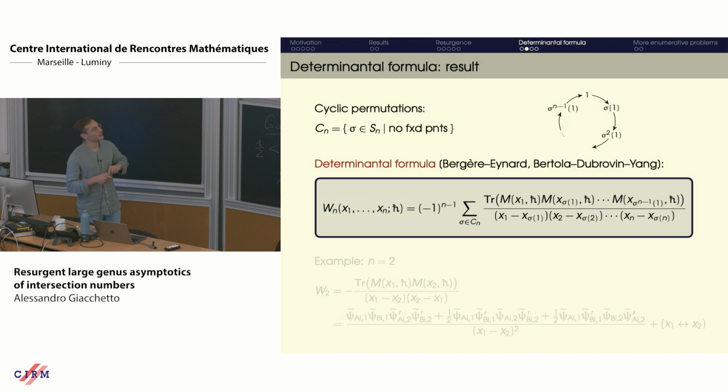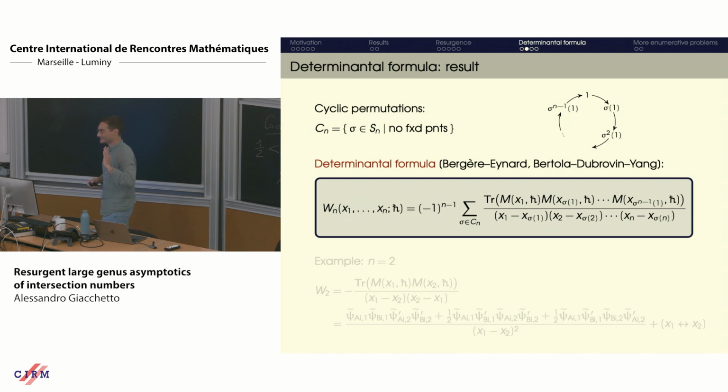In order, you have x_1, x_{sigma(1)}, and so on. So you essentially change the value of x following the cyclic order of the cyclic permutation. And at the denominator, you have this product of differences, x_1 minus x_{sigma(1)}, and so on.